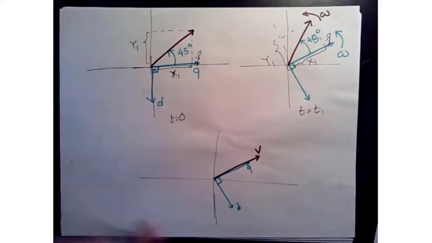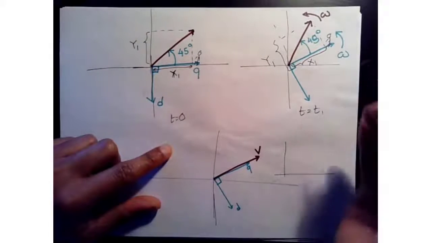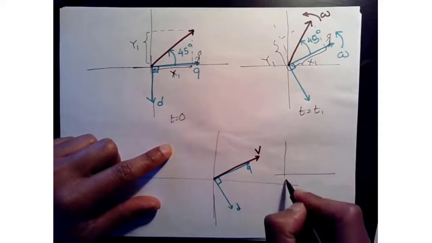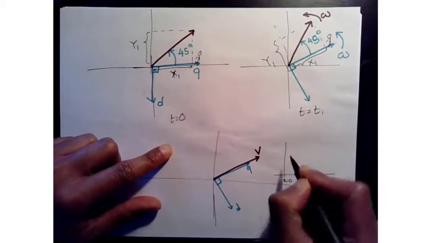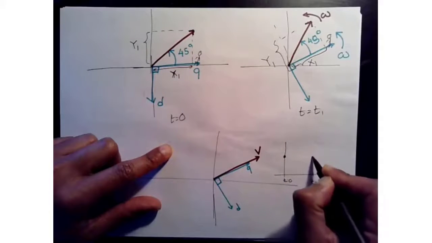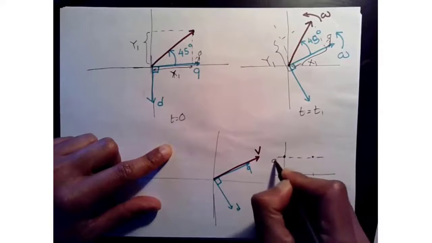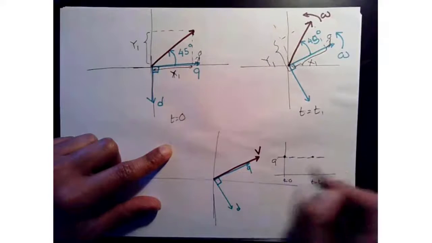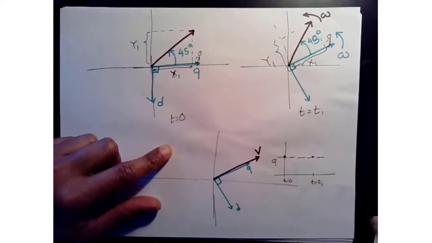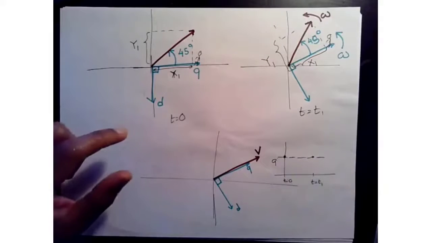If you are to plot the measurements, if you are rotating at the same frequency at t equals 0 and t equals t1, you're going to see the same magnitude, right? If this is your q axis measurement or q projection amplitude, you're going to see the same value as long as you're going at the same frequency. If you slow down or go slightly faster, then you will see some sinusoid.